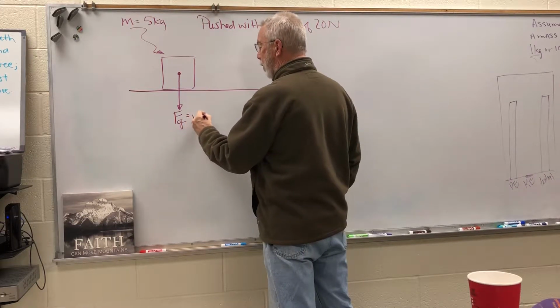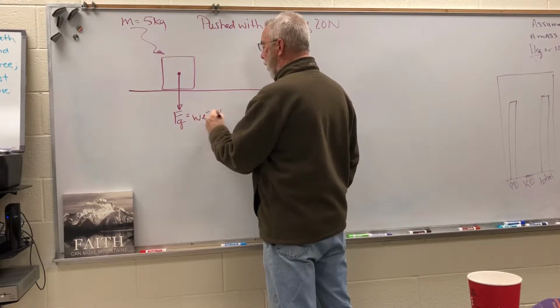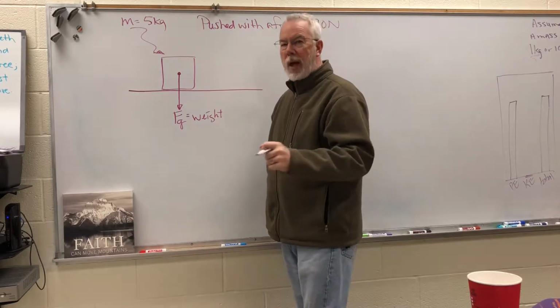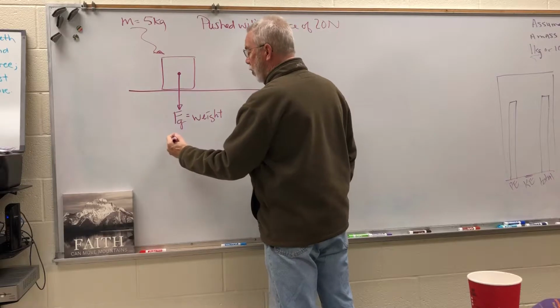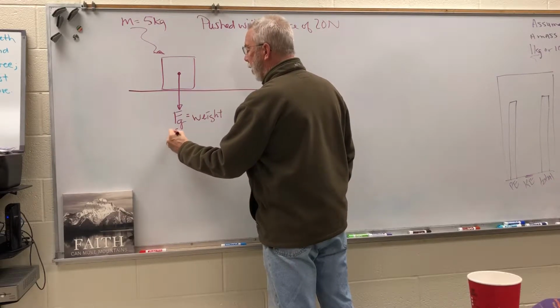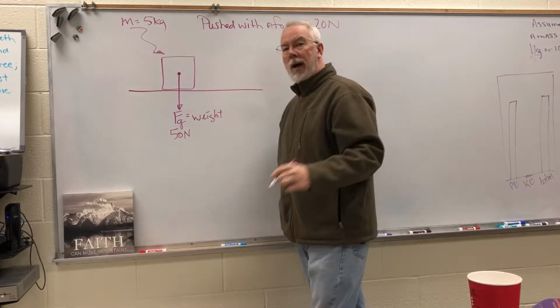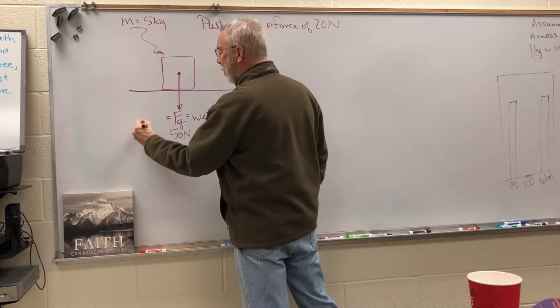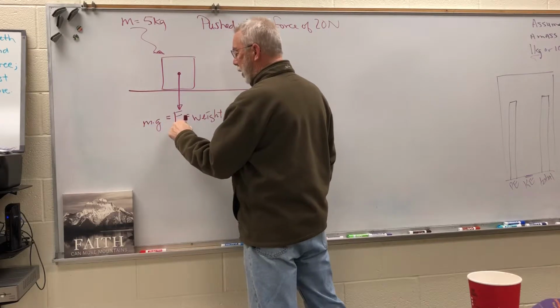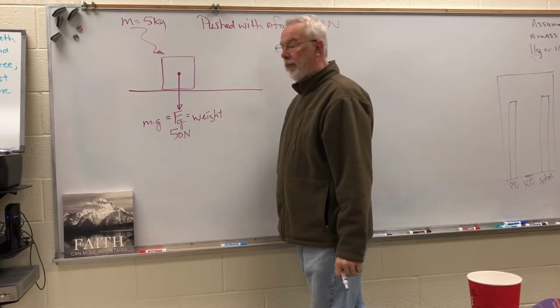F of G is going to be 50 newtons. If you don't remember why that's 50 newtons, that's because M times G is the force of gravity.